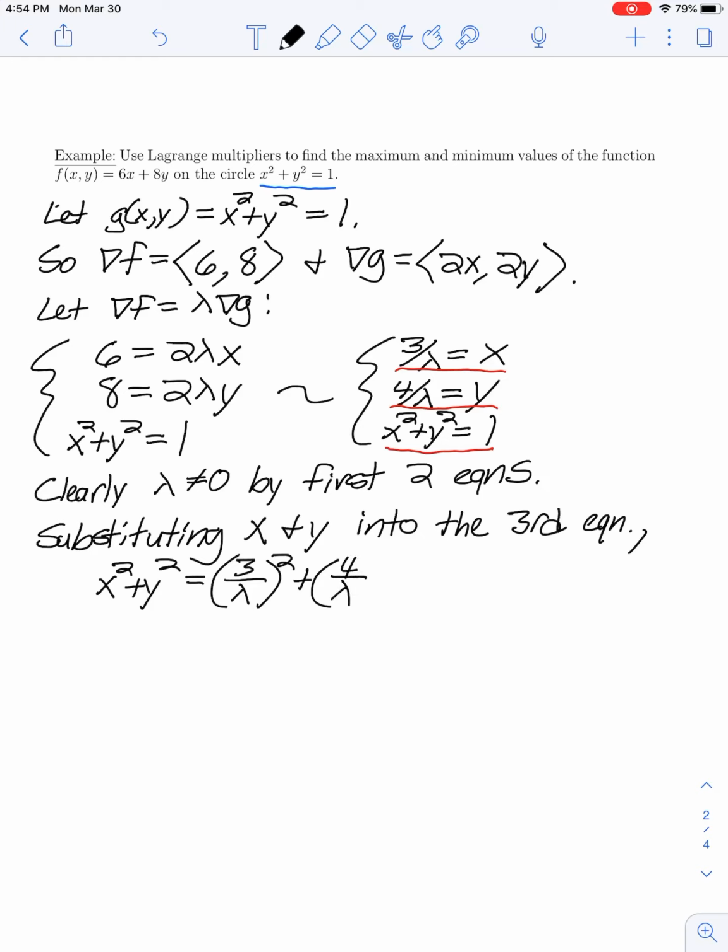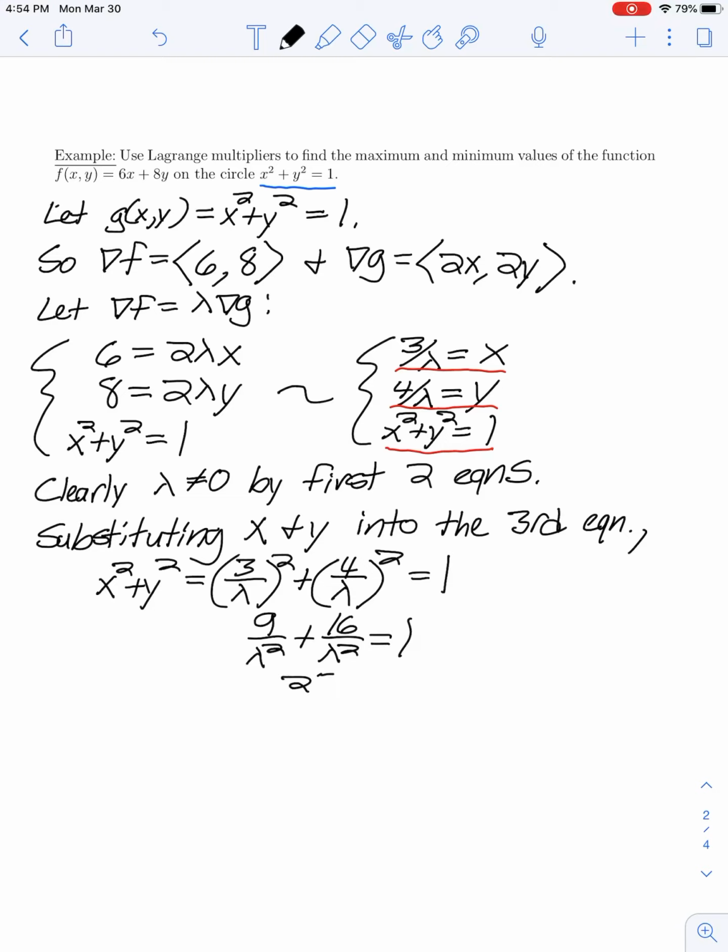we find x squared plus y squared would be equal to, our x value was 3 over lambda, so we have 3 over lambda quantity squared, plus y, which was 4 over lambda quantity squared, has to equal 1.